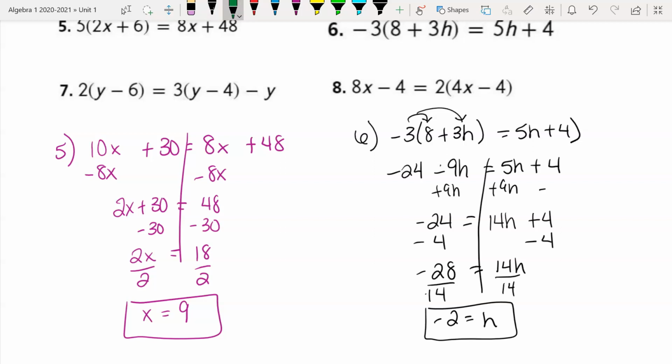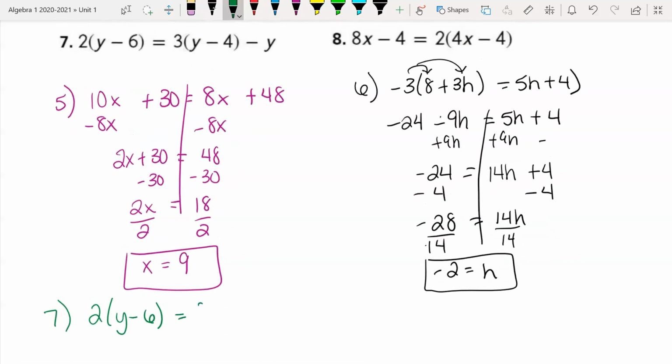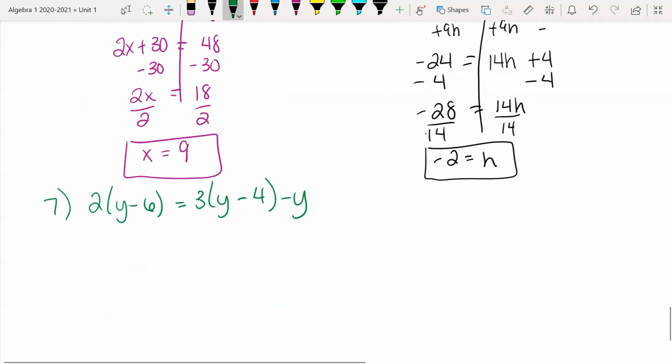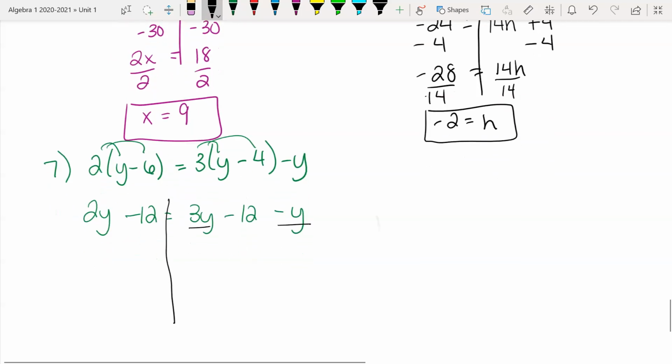Number 6, hopefully you got h is negative 2. Make sure you're combining like terms after we distribute.